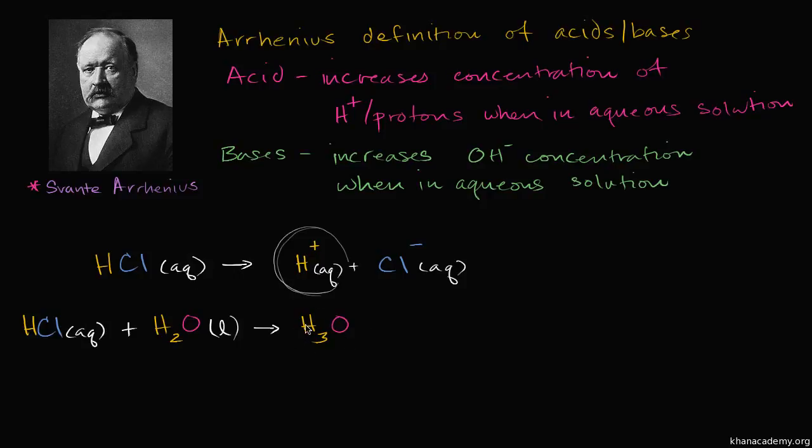Now this was a water molecule, and all it got was a hydrogen ion. All that is a proton. It didn't come with any electrons. So now this is going to have a positive charge.